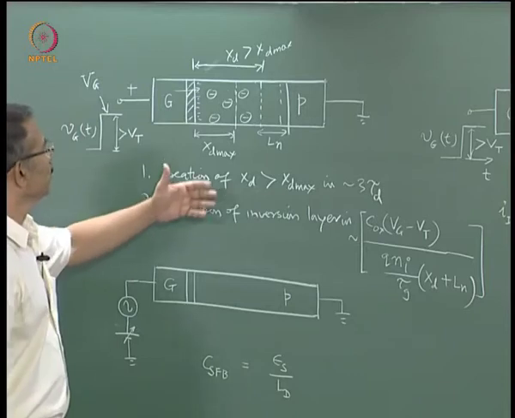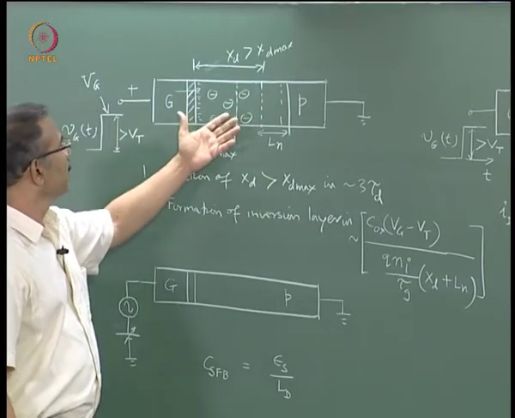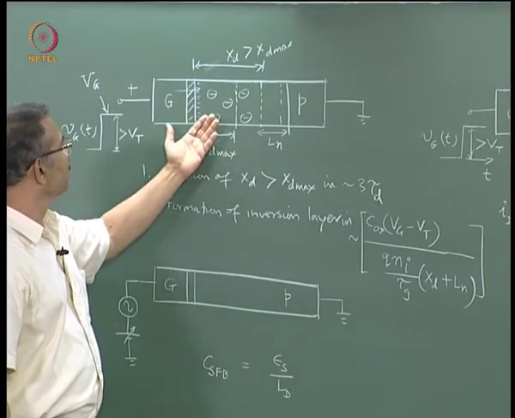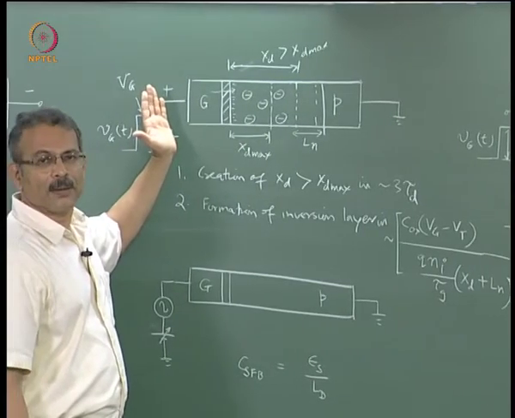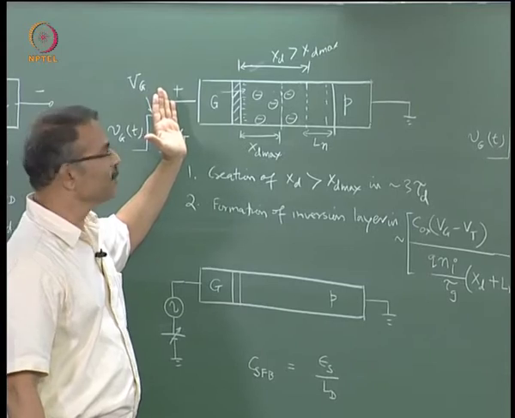So this is how we can describe the formation of the inversion layer when you suddenly apply a step voltage at the gate equal to a value more than the threshold voltage.